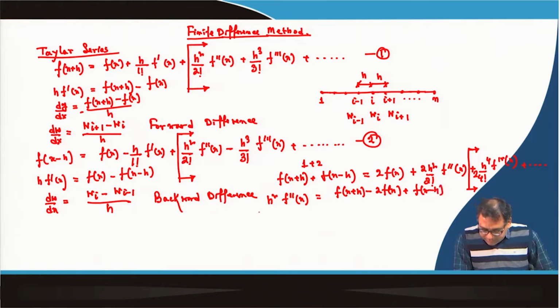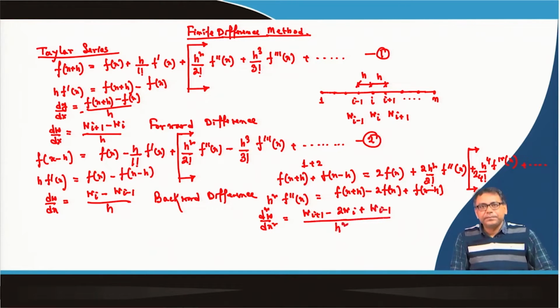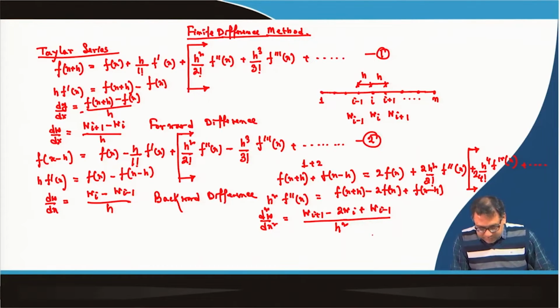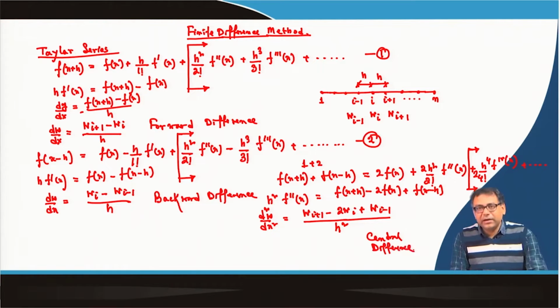So, I can write this as f double dash (x), that is d squared w by dx squared equals w(i+1) minus 2 w(i) plus w(i-1) divided by h squared. This is called the central difference method, because here it is central, we are taking w(i+1) as well as w(i-1).